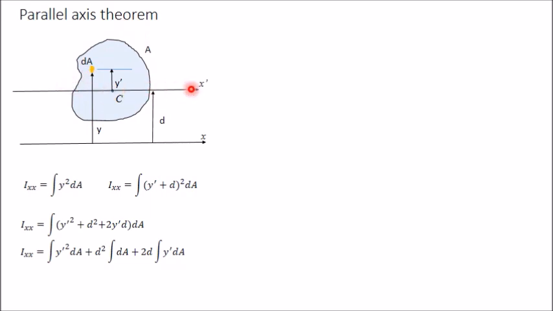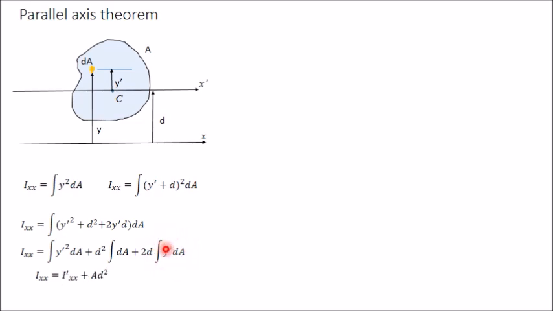So for taking distance, we take distance of center of this entire area from x dash axis. Now since x dash axis is centroidal axis, it is passing through the centroid only, therefore its distance will be 0, and therefore this integration of y dash dA will be 0.